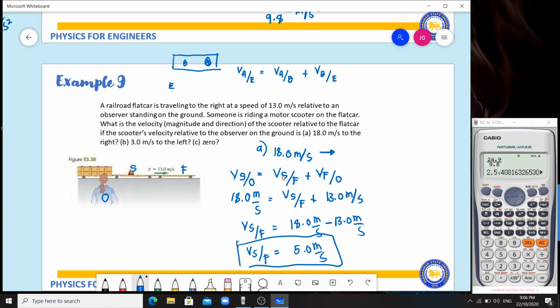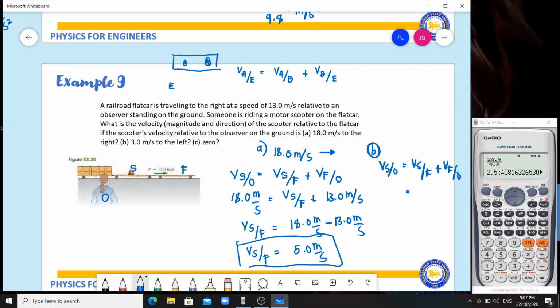Now, let's proceed to letter B. Dito na lang. Hinahanap ulit is ganon ulit. VSO equals VSF plus VFO. However, the scooter's velocity relative to the ground is 3 meters per second to the left. Okay.